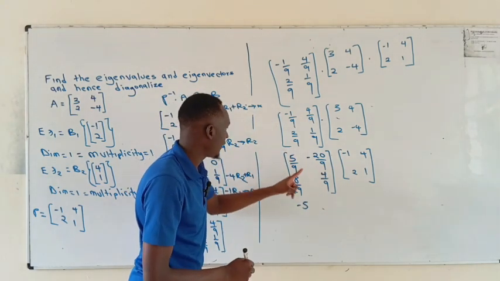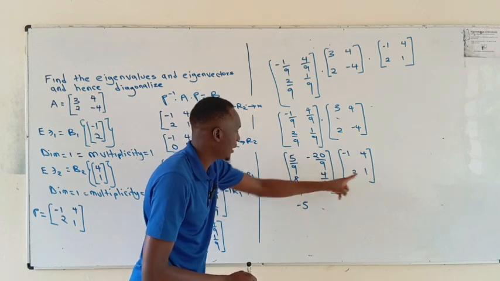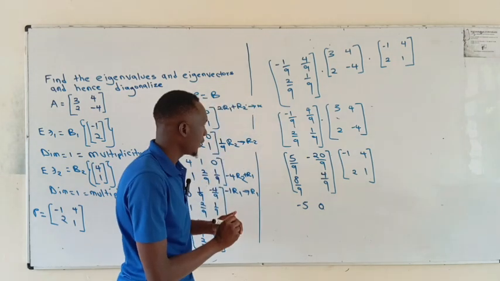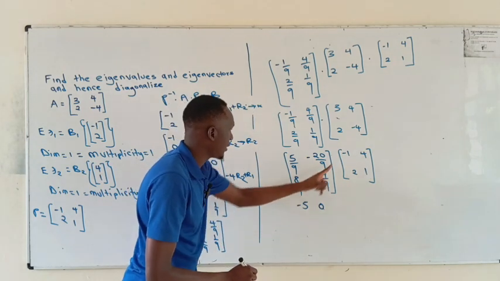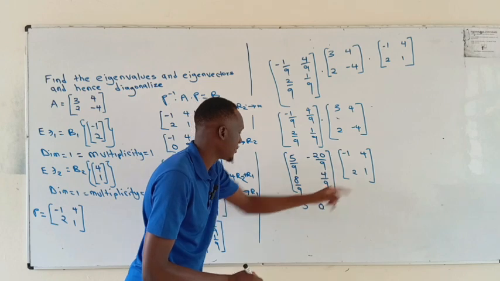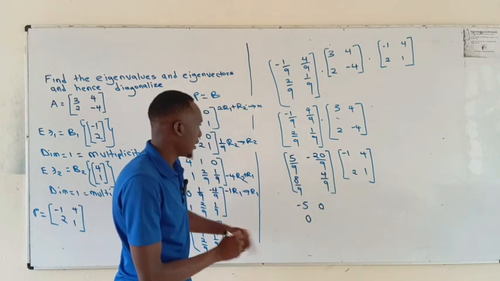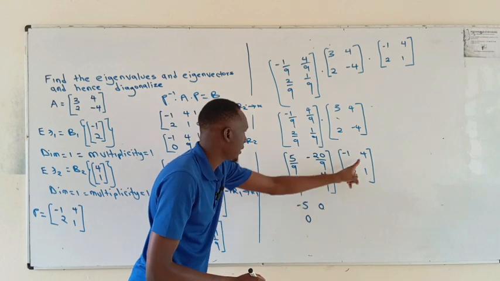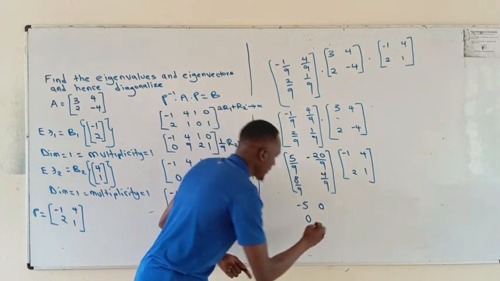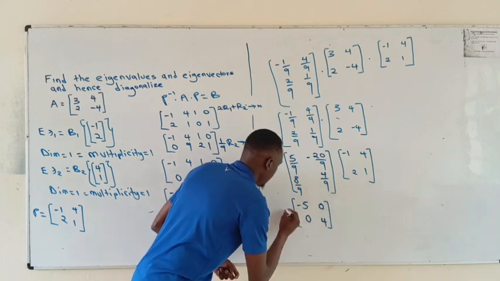Here we have 5 over 9 times 2 plus negative 20 over 9 times 1, which is 0. Here we have 8 over 9 times negative 1 plus 4 over 9 times 4, which will give us 0. Then here we have 8 over 9 times 2 plus 4 over 9 times 1, which will give us 4. This is our B.